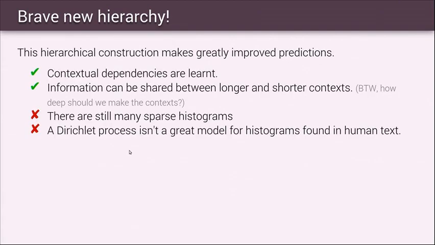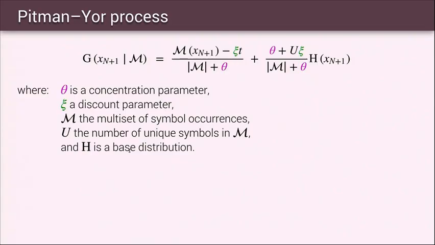So now we have lots of histograms, and they're sparse, and information is shared between them. So for example, if in a longer context we learn, then we can exploit the fact that the shorter context also learns. But a DP isn't really the best way of doing this. So in the past, people have used something called the Pitman-Yor process, which extends the DP by adding one more parameter.